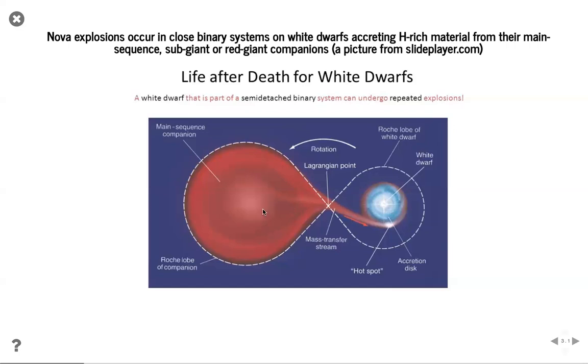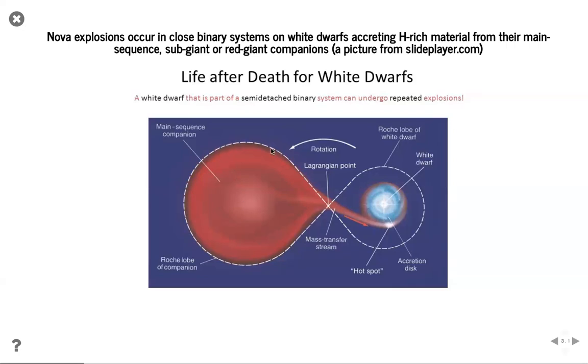And if the distance between the white dwarf and its companion is small enough, if the separation between these two stars is short enough, then at some moment the companion, as it evolves, its radius increases, and the companion star will fill its Roche lobe. The Roche lobe of a star in a closed binary system is a region where gravitation by this star dominates.